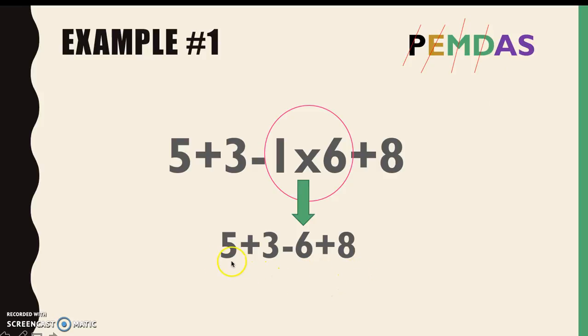So what happens is we do 5 plus 3, which is 8, minus 6, which is 2, plus 8, which is 10. And then therefore you have now solved your addition and subtraction, and you have completed PEMDAS because you have crossed off everything here.